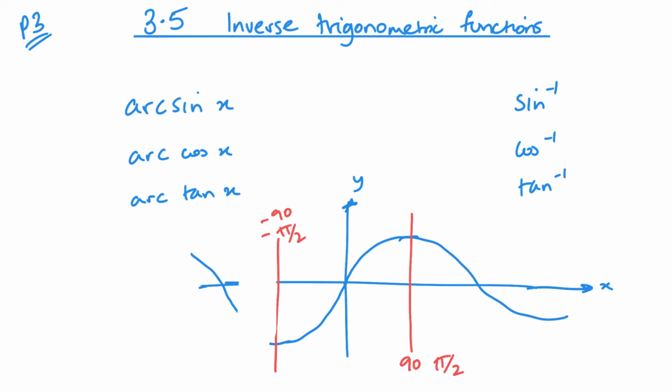I'm essentially not worried about anything either side of these values. That's an important concept just to understand. If you remember back, it has to be 1 to 1. So this is how I would use this part of my sine graph to create my arcsine graph.